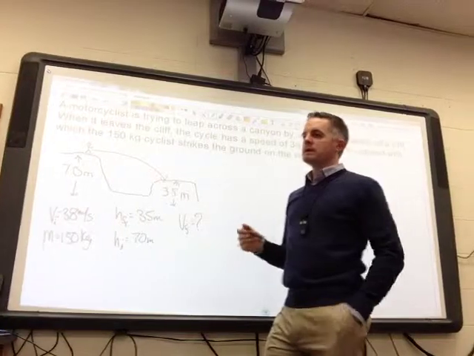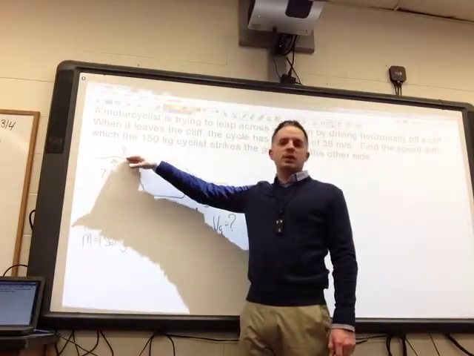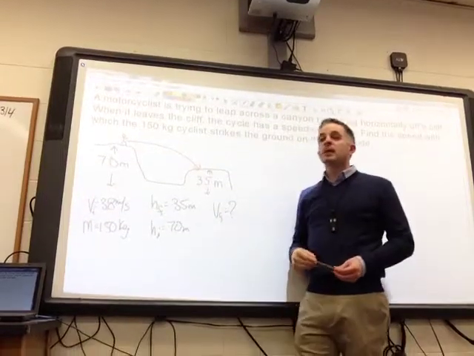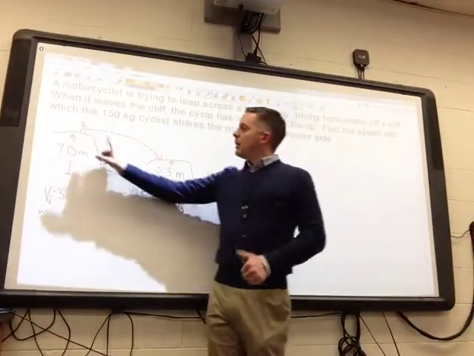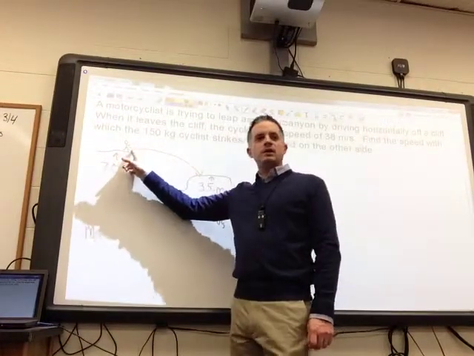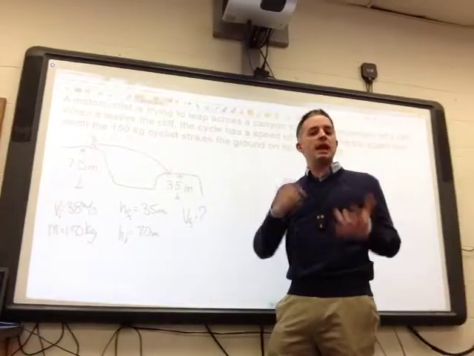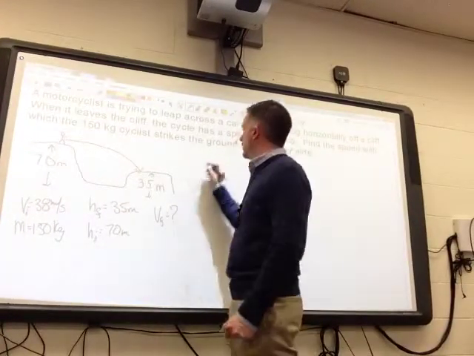So if we think about this, he's 70 meters high. What type of energy does he have just from being on top of the cliff like this? He's got potential. Excellent. But he's also driving at 38 meters per second. So what type of energy does he have from that? Kinetic. He's also got kinetic. So he has potential and kinetic before he drives off the cliff.